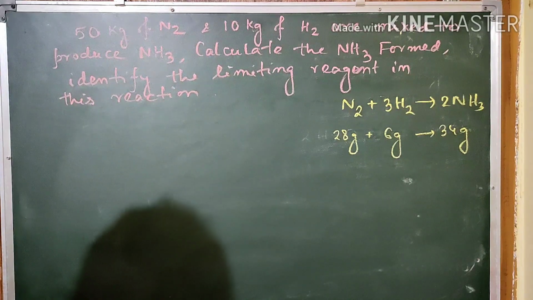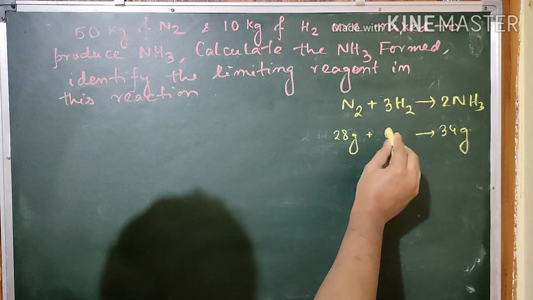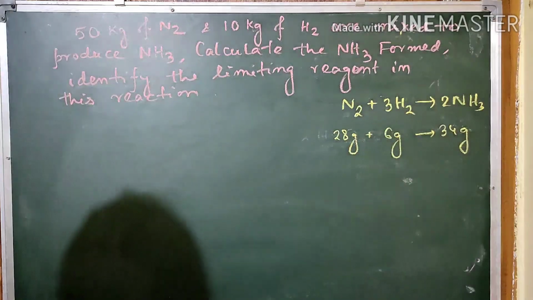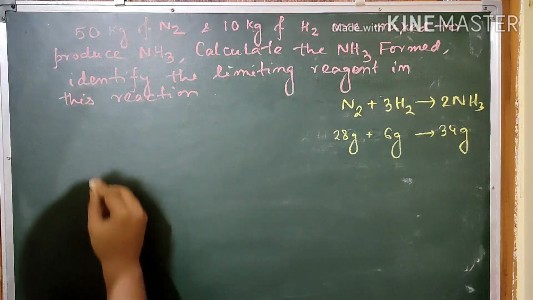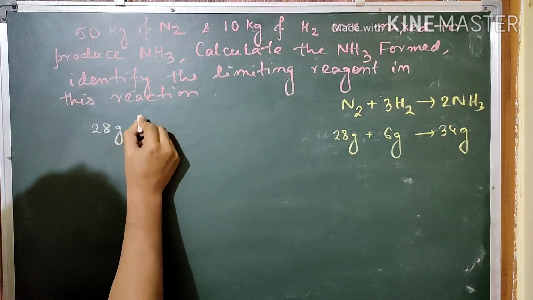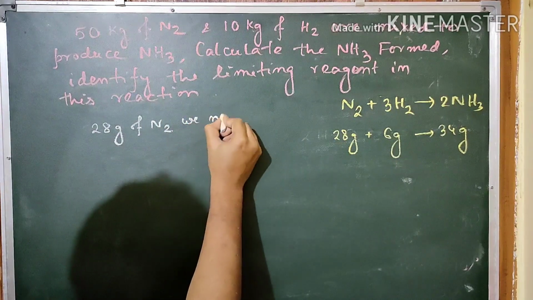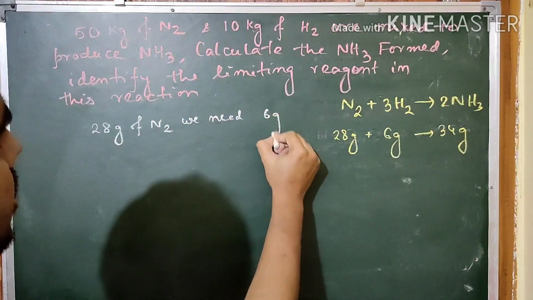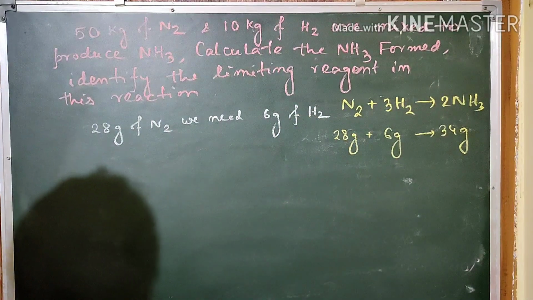So for 28 gram of nitrogen, we need 6 gram of hydrogen, right?